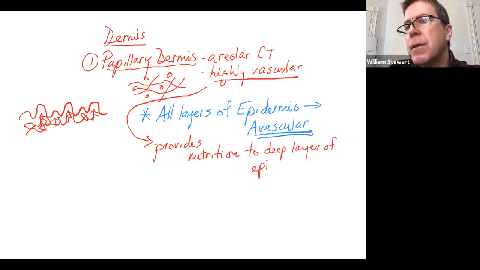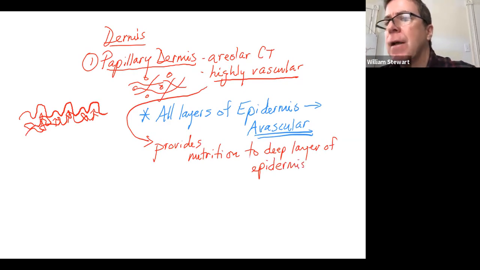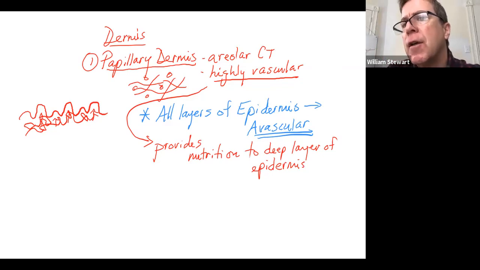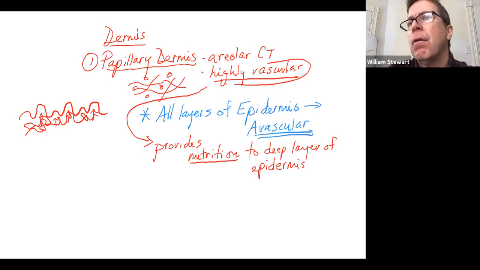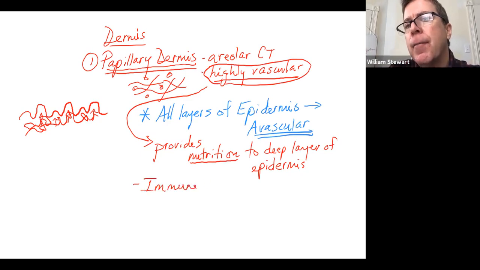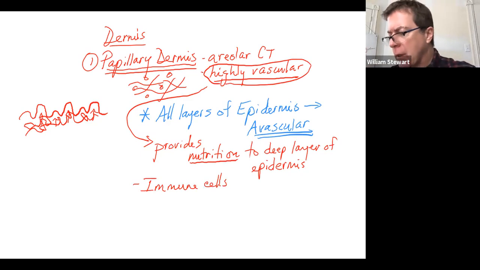So those basal stem cells and those melanocytes and those living cells down in the stratum basale and the stratum spinosum, they get their nutrition from the vascularization in the papillary dermis. We also find immune cells in the papillary dermis. It's really quite common.